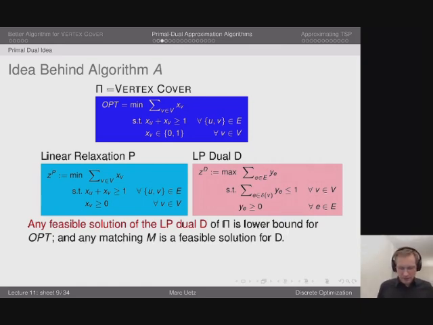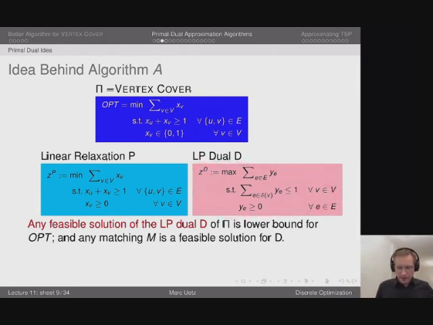So for bipartite graphs, the corresponding polytope described by these inequalities here is an integer polytope, so it has integer vertices only. So that would indeed correspond to feasible vertex covers. And the corresponding polytope described in the dual also has integer vertices only, and that corresponds to matchings.